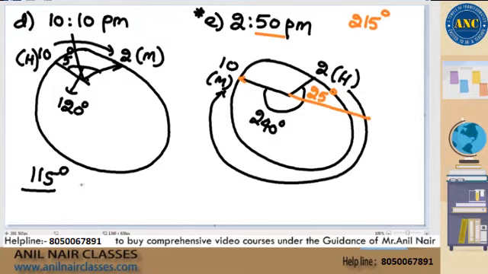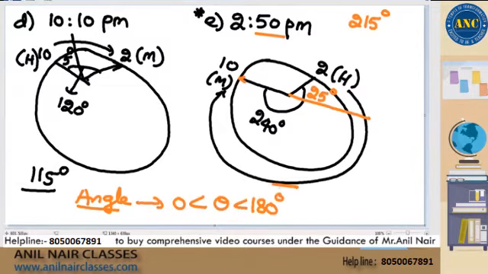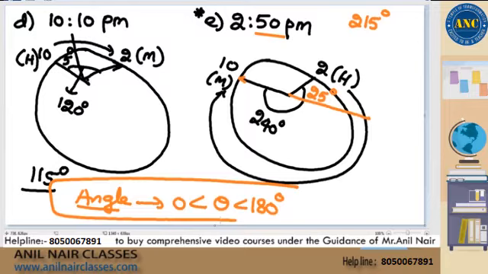215 degrees. Remember carefully, beta. Remember this line carefully. By default, if the question is to find the angle between the two hands of a clock, it will be 0 to 180. If nothing is mentioned, the angle will be a non-reflex angle.